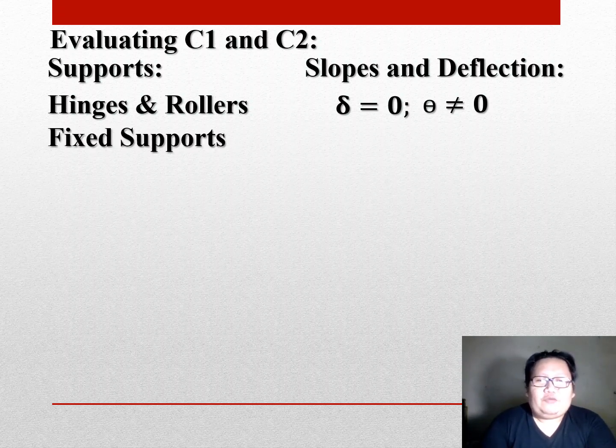Next is if we have a fixed support. Fixed support will give us two values, deflection equal to 0 and slope equal to 0 at the point where the fixed support is. So with that, we can use the simultaneous equations, general deflection equation and the general slope equation.